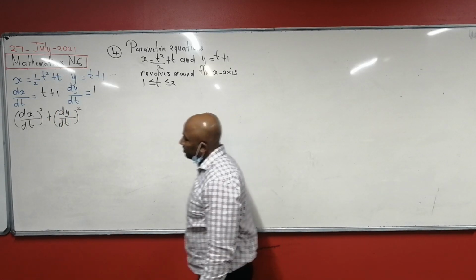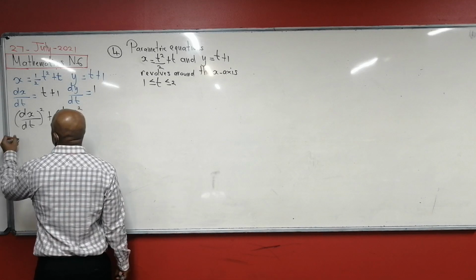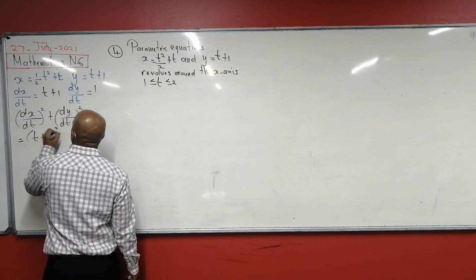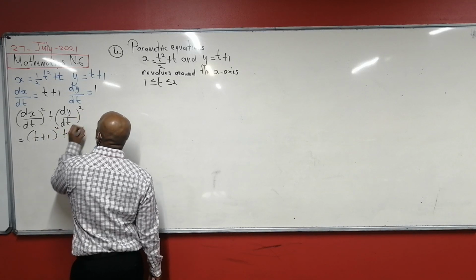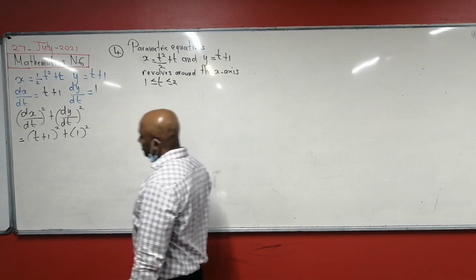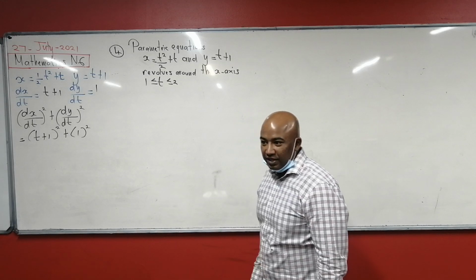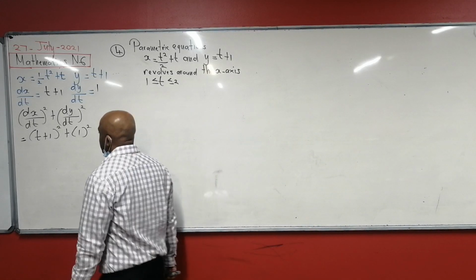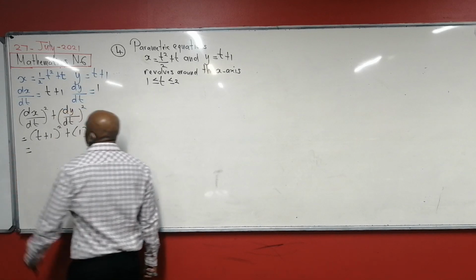So now we square and add up. This is going to equal t plus 1 all squared plus 1 squared.